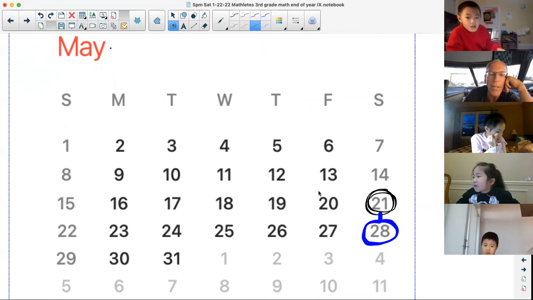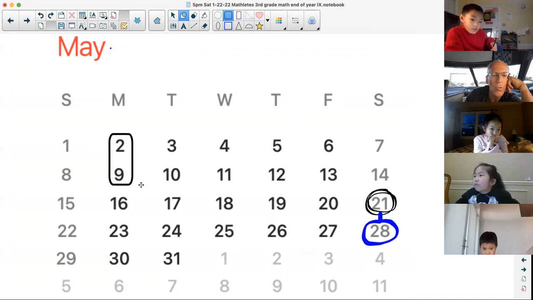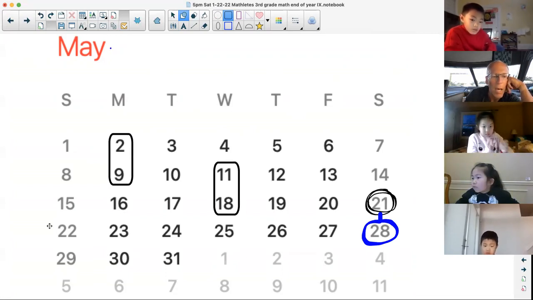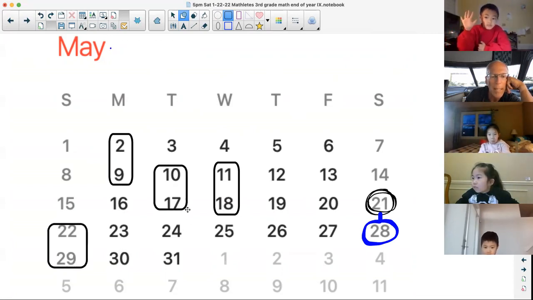What do you guys notice about every pair of numbers? I'm going to show it to you like this: 2 and 9, 11 and 18, 22 and 29, 10 and 17, 1 and 8.